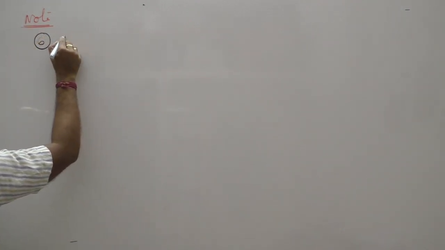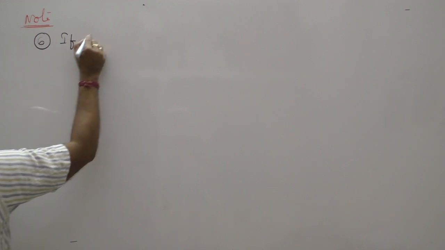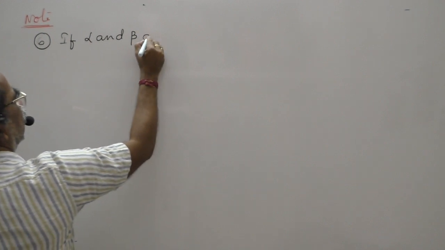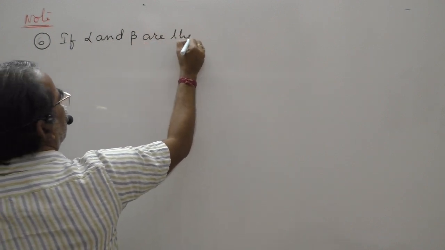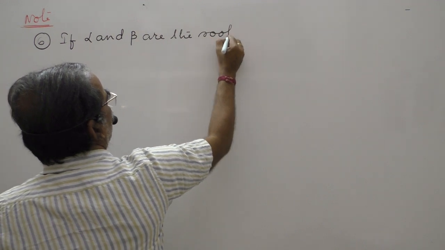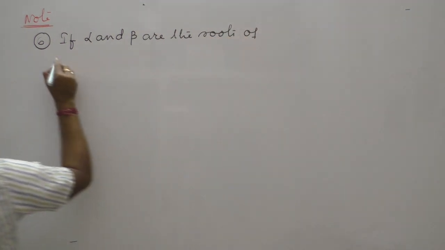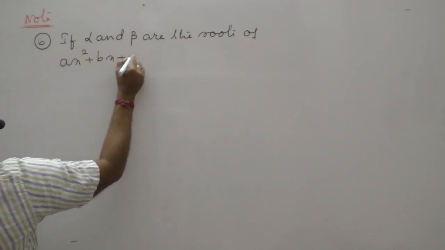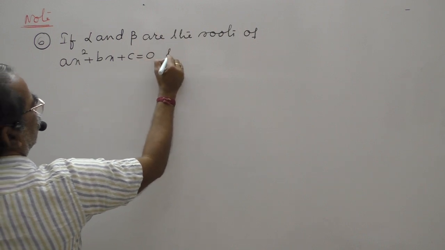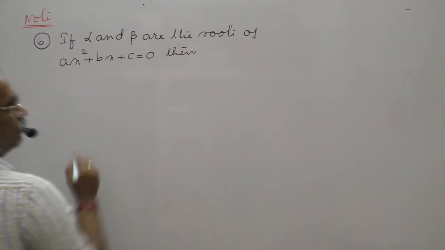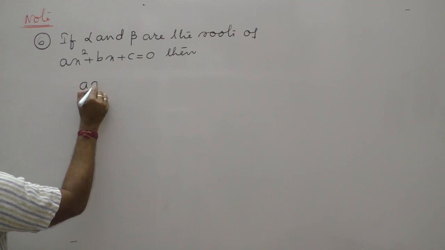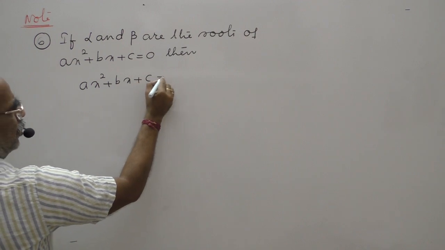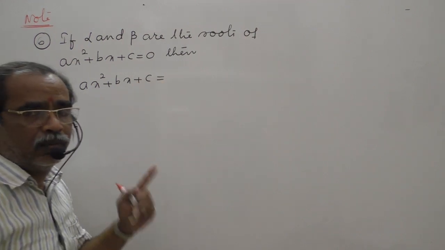See, for example, if alpha and beta are the roots of the quadratic equation ax square plus bx plus c is equal to 0, then this quadratic expression, if you don't take the equation, it is called expression. This one is important.